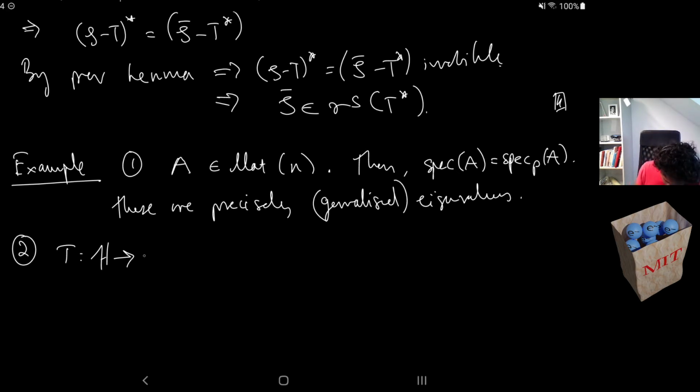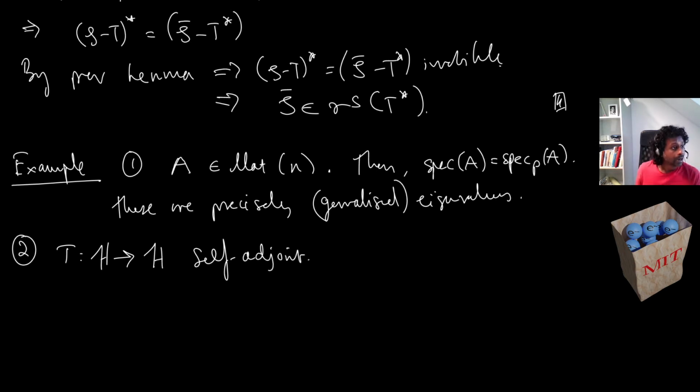Okay, so let's take an operator T, which is a closed operator from H to H that is self-adjoint. So every self-adjoint operator is necessarily closed, i.e., T is symmetric.